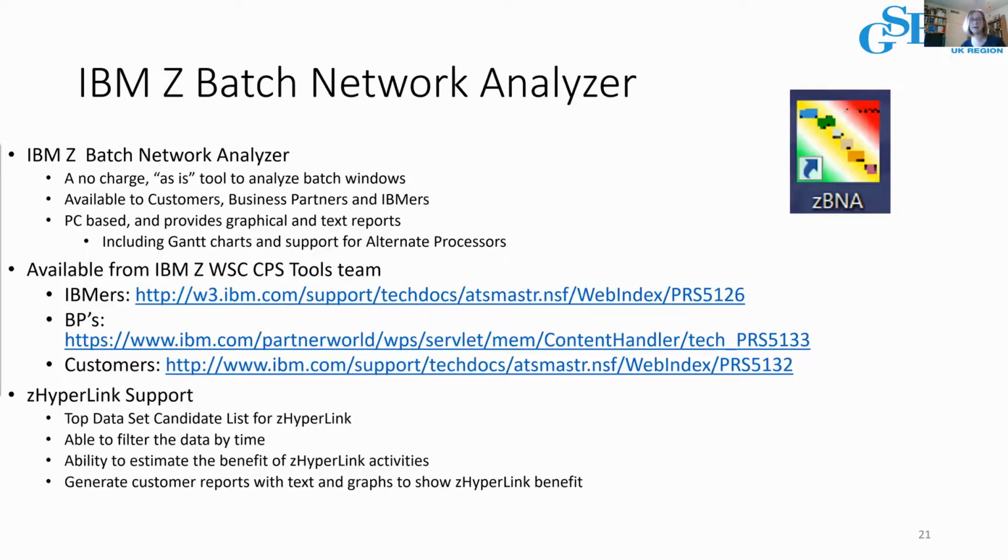We have the zBNA tool. It's something that IBM will provide. You could work with Washington Systems as well to have them help you with that. So it's definitely a very helpful tool to understand what your behavior looks like from the mainframe.